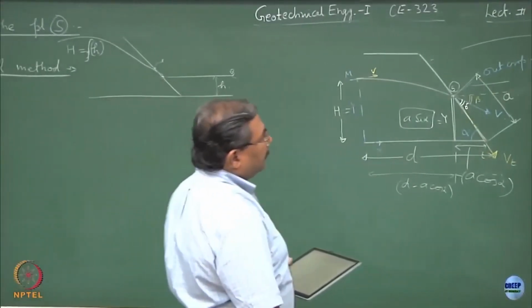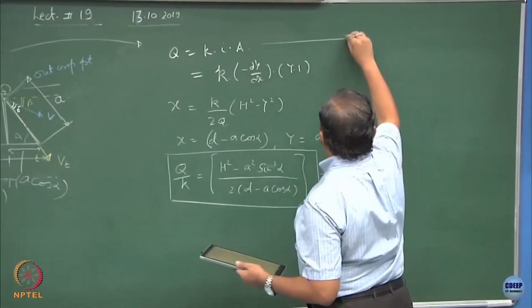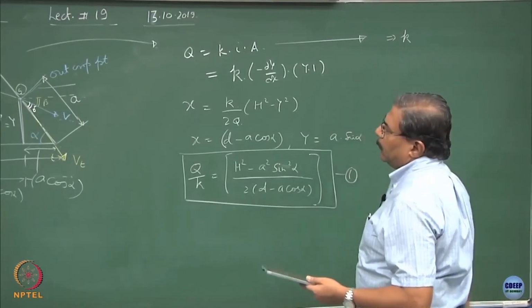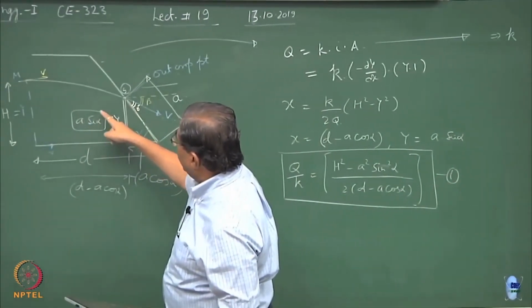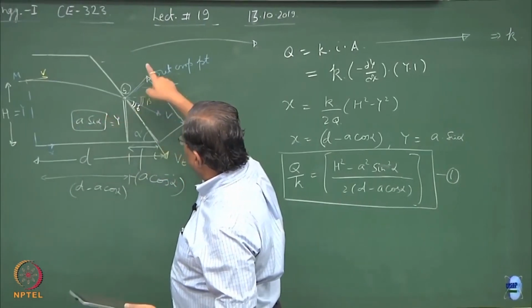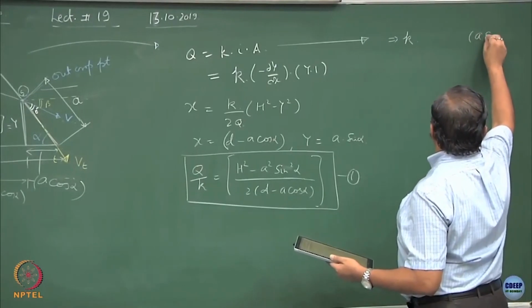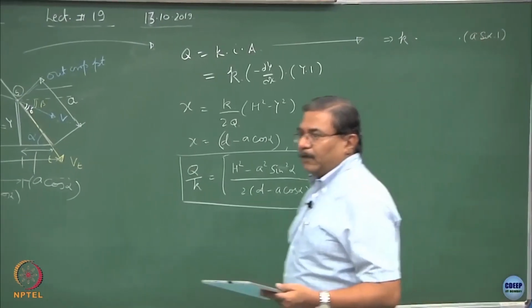Another equation I can obtain by equating Q to be equal to K into, can you tell me what will be the another equation? Suppose if I use this function, A sin alpha is the area of cross section through which the flow is taking place. So, Y term becomes A sin alpha into 1. What will be the hydraulic gradient here?